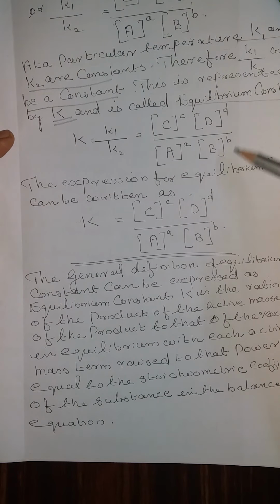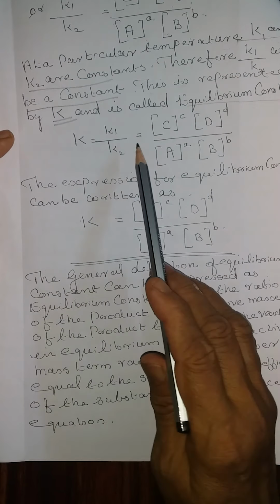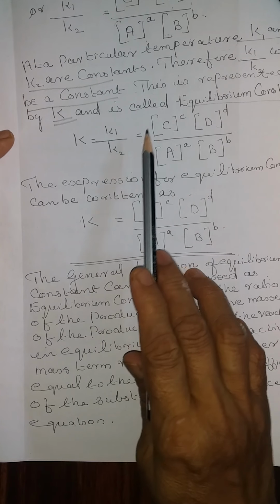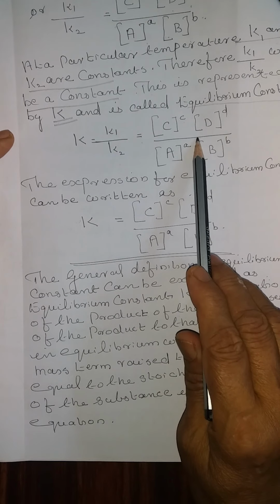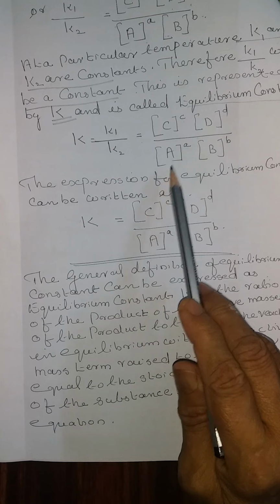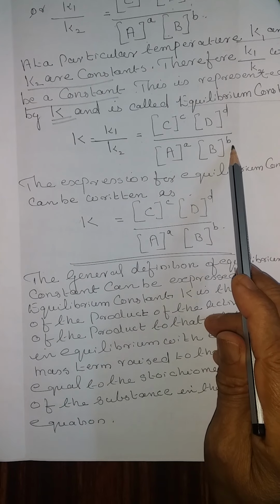Now we are arriving at the final equation. Capital K is equal to K1 by K2, which is equal to concentration of C raised to the power c, concentration of D raised to the power d, divided by concentration of A raised to the power a and concentration of B raised to the power b.